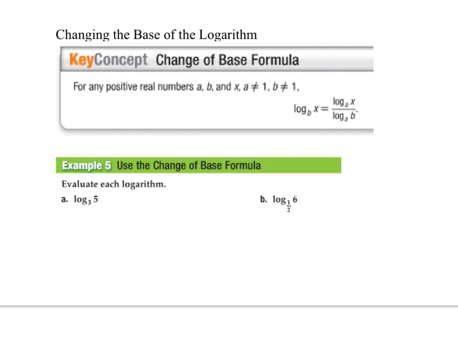What we do is the change of base formula, and that allows us to put it in any base we want by taking, and we put the x on the top and the b on the bottom, and those a's are any base. And on a graphing calculator, we would make that base 10. You can do the same thing with natural log. Natural log is just in base e.